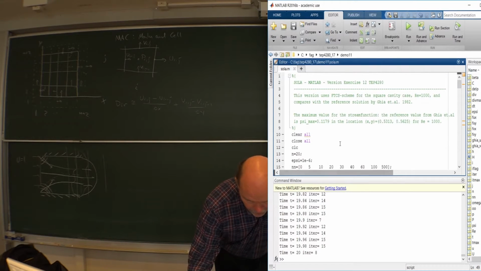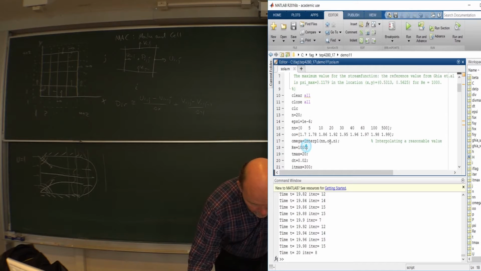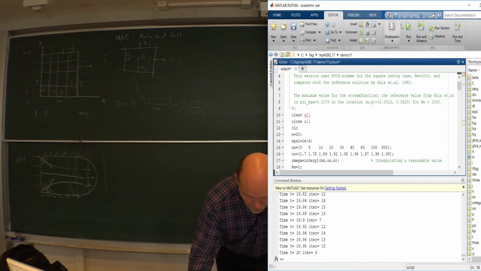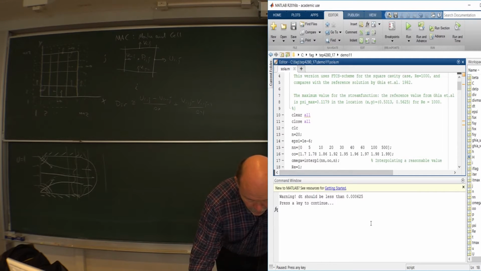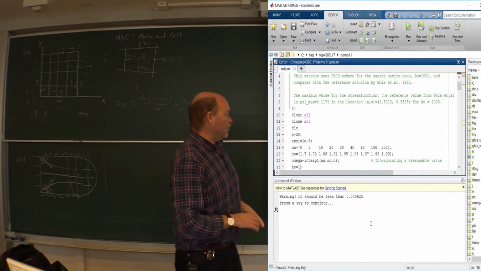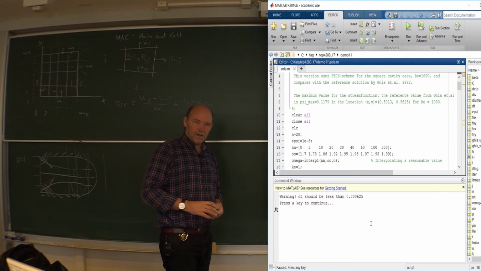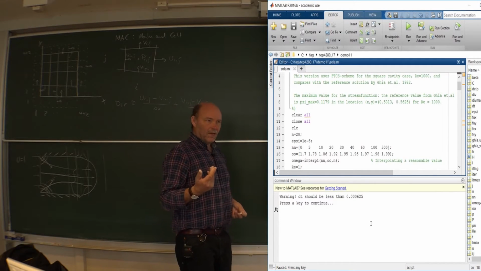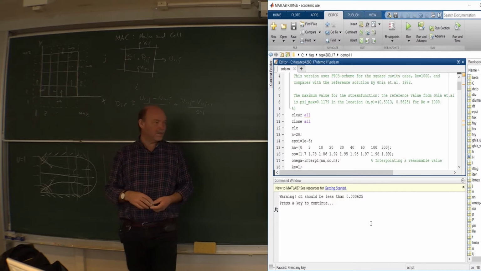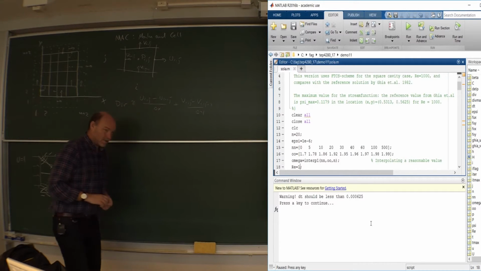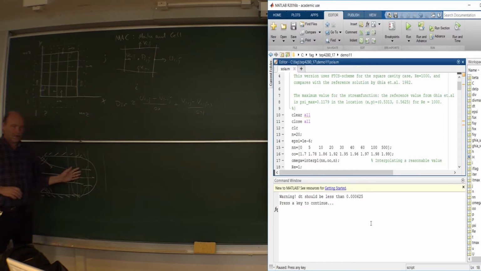So I change it to Reynolds number, say, 1. Try to run it. And then all of a sudden it demands that delta t should be very small. Why? Now the Reynolds number is very low. It's an extremely viscous fluid, very sticky, like honey.